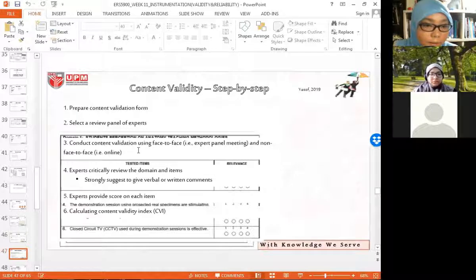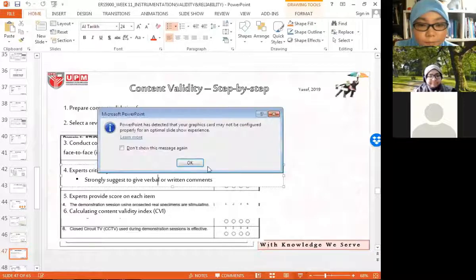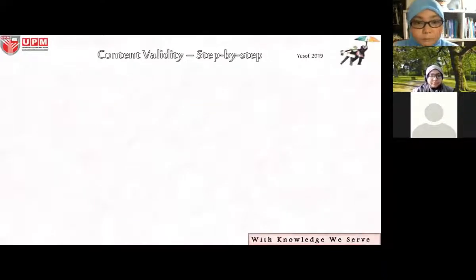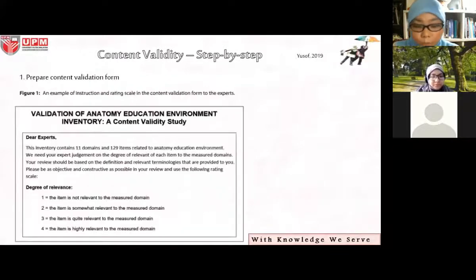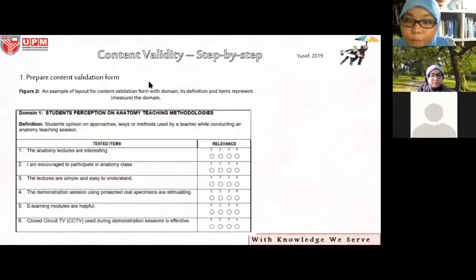So ini antara contoh untuk prepare content validity. Prepare content validation form. Ini adalah form yang you all prepare, but then you provide the instruction.